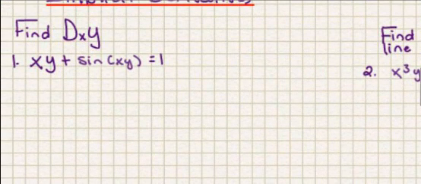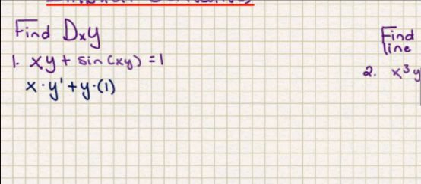So just finding the derivative of the first term, we're going to use the product rule. So first function times the derivative of the second function plus the second function times the derivative of the first function. Now for the second term, the derivative of sine is cosine.